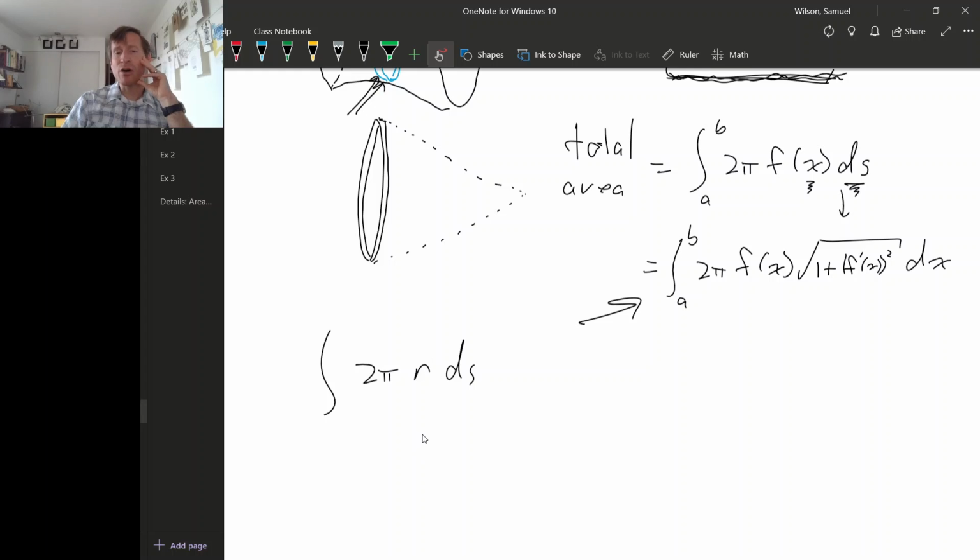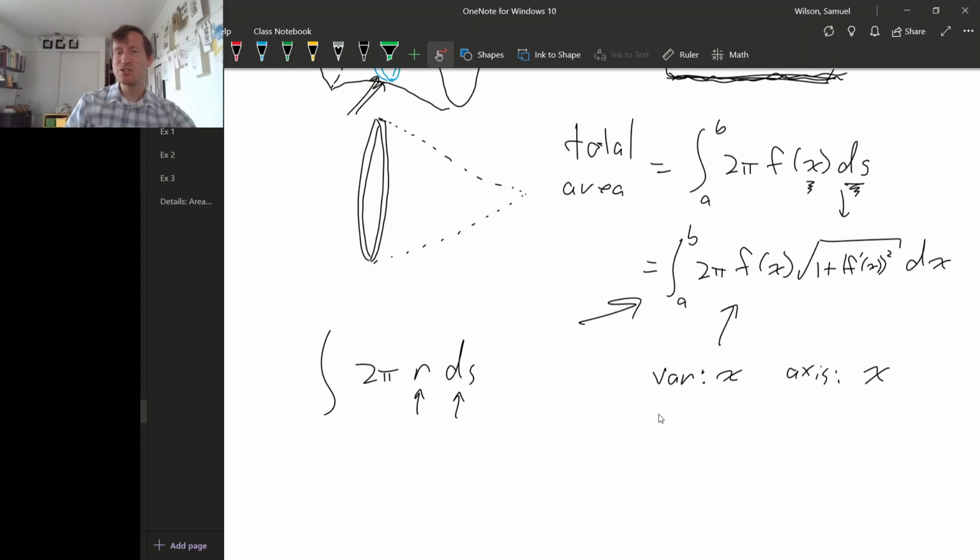And then depending on what the independent variable is and which axis you're rotating around, r and ds will look a little bit different. So in this formula, the variable was x, and the axis of rotation was also the x-axis.